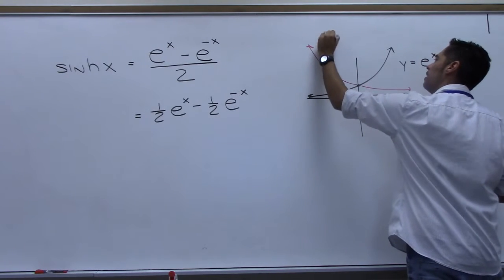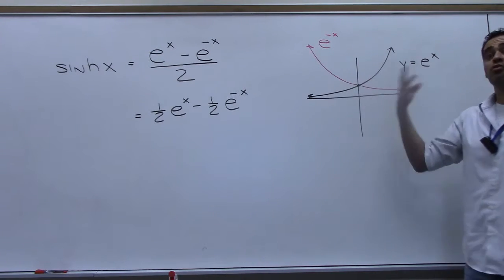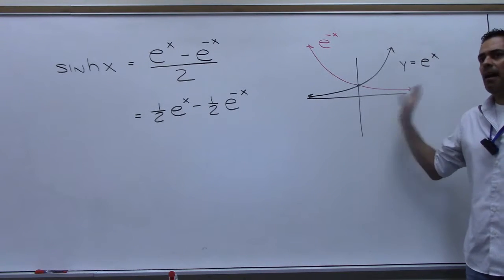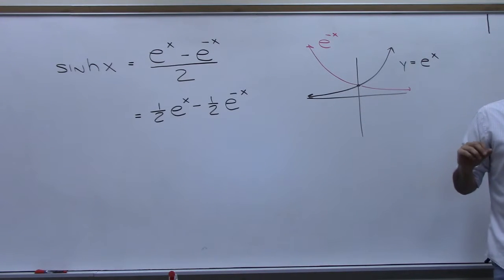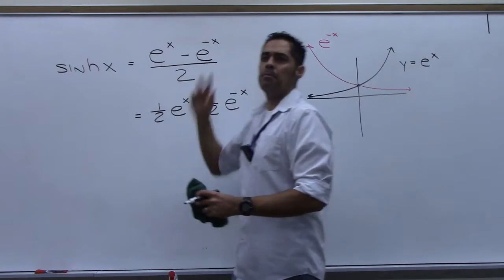This is e to the negative x. So if you were to take these two functions and subtract them and then divide by 2, that graph would be the hyperbolic sine function. So it's some combination of these two exponential functions.